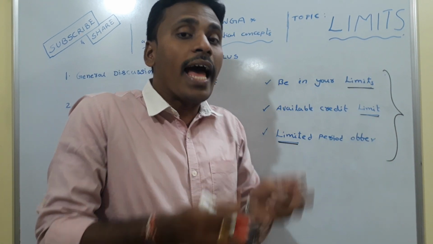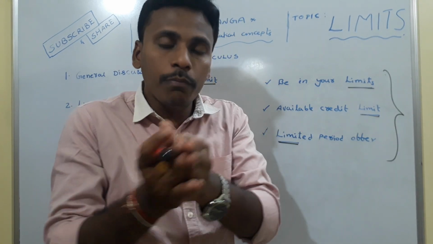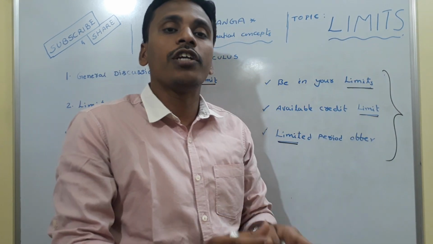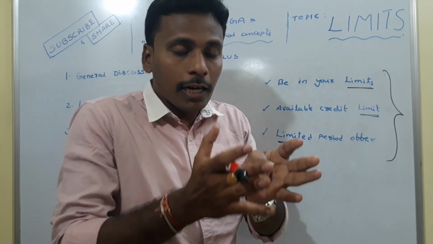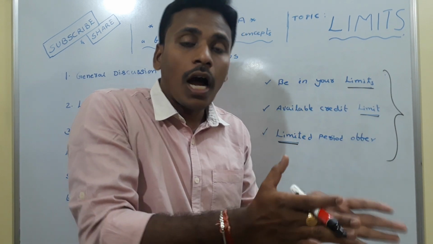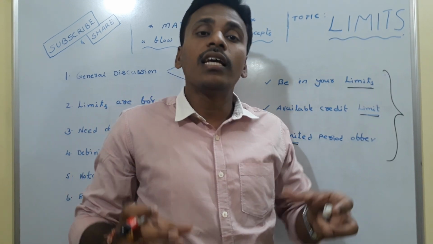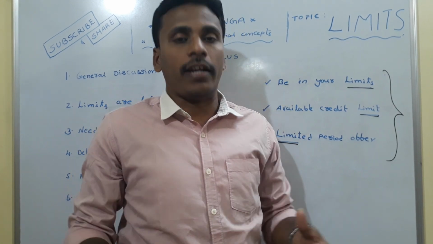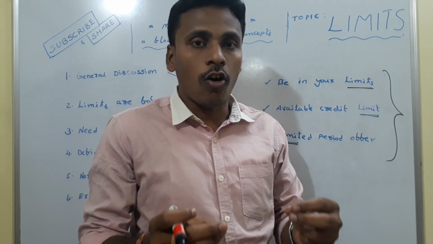Limit is nothing but a barrier. Before that barrier and after that barrier the situation is different. That barrier changes the situation. The behavior, the tendency, the circumstances and the results are different. This is the general idea of limit.